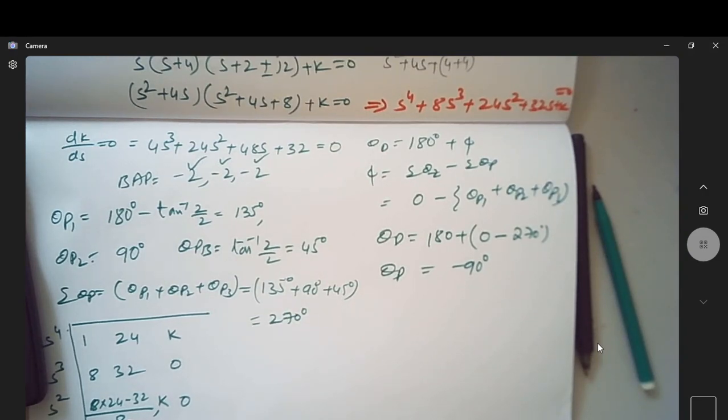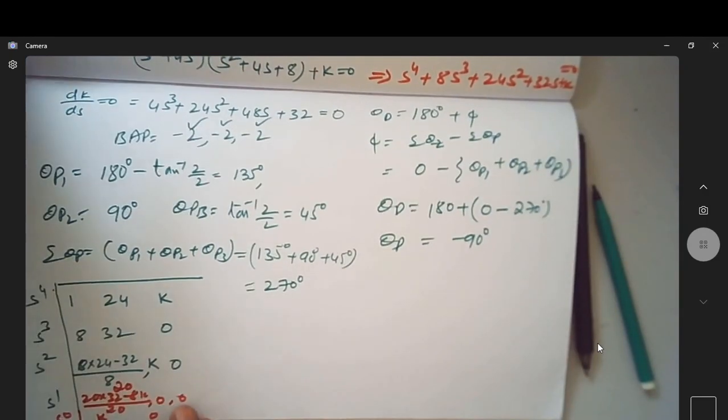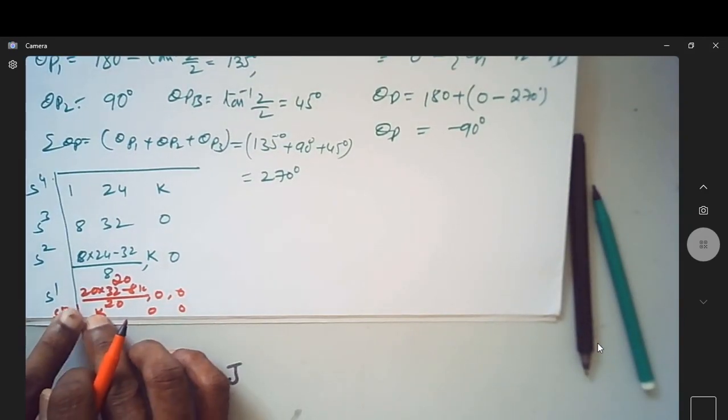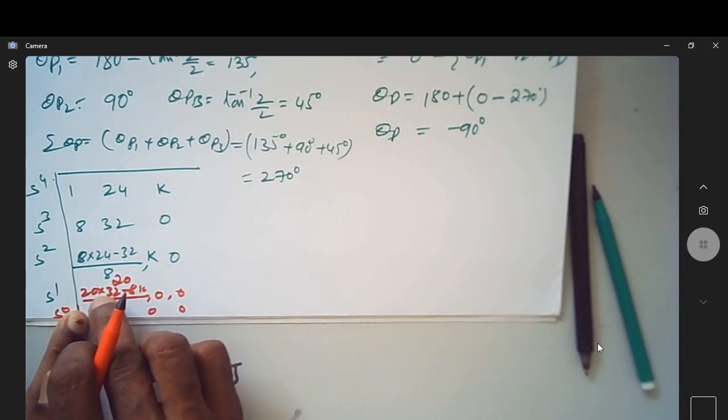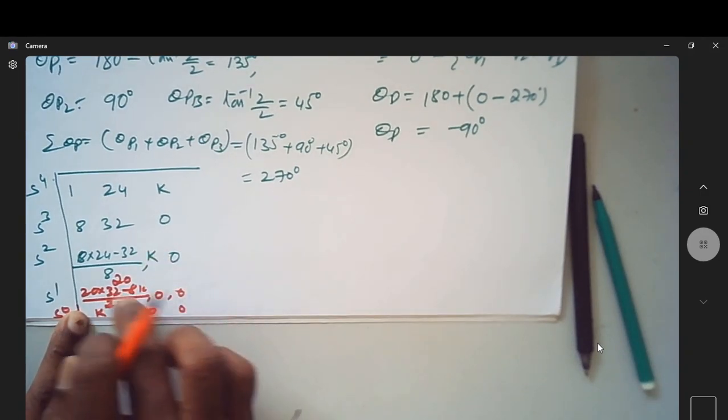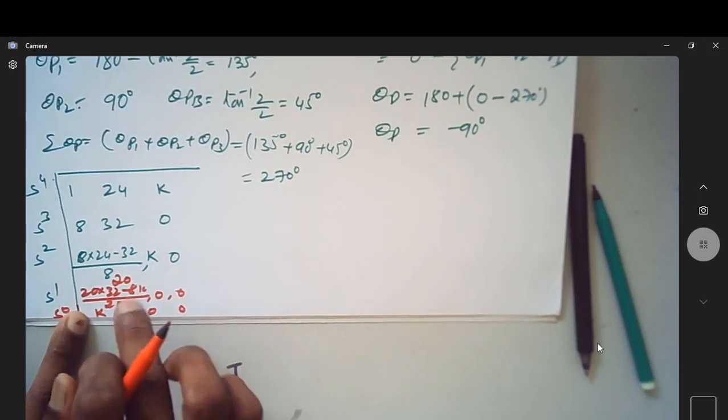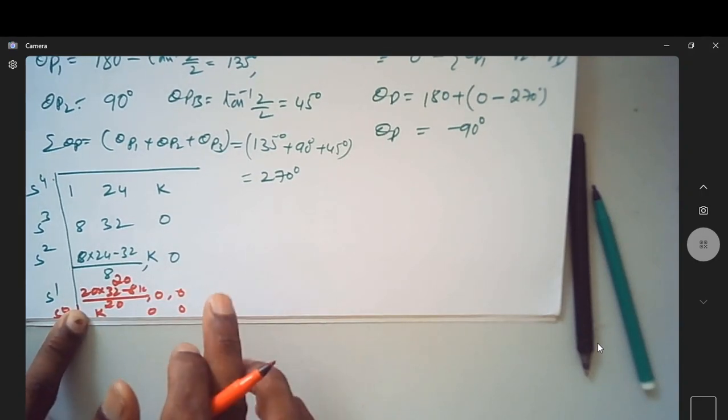And s power 0 will become k, 0, 0, because this into this minus this into this by this happens to be k. So I am just repeating, sorry for that. This last element is whatever value you get here multiplied by k minus this into 0, divided by this, so you'll end up with k here.